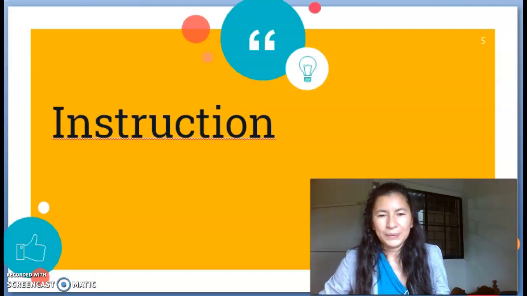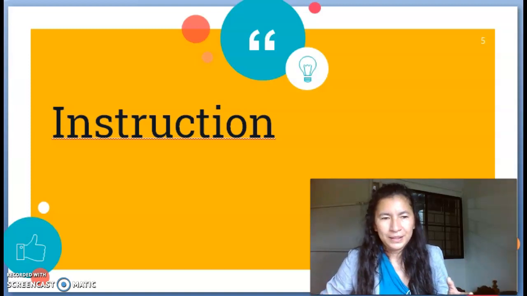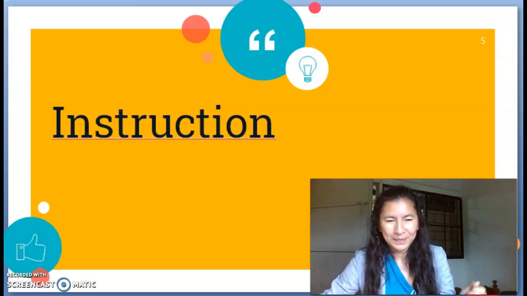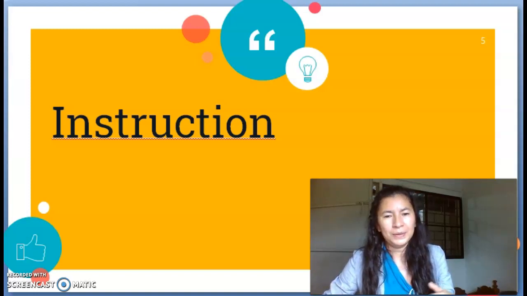And the instructions. The teacher presents the topic, that is jobs and occupations. And after that, the teacher asks a student, what do you do?